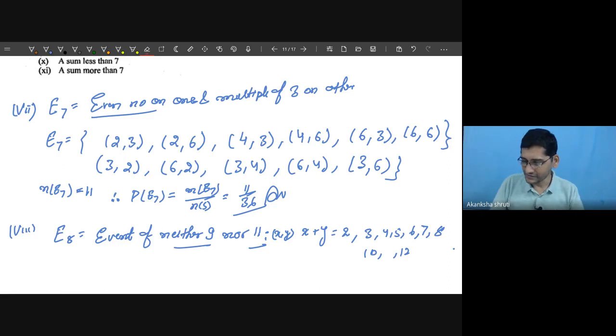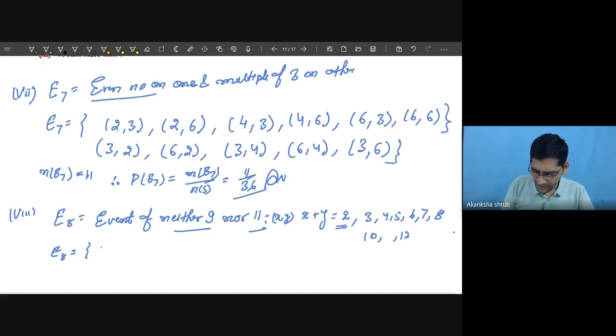So if you are now going to write directly, say E8, what could it be? Take the sum as 2. 1 plus 1 gives 2. Take the sum as 3: x equals 1, y equals 2, or on the first die 2, second die 1. For 3, only this much.